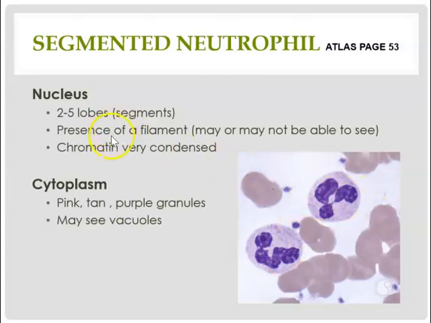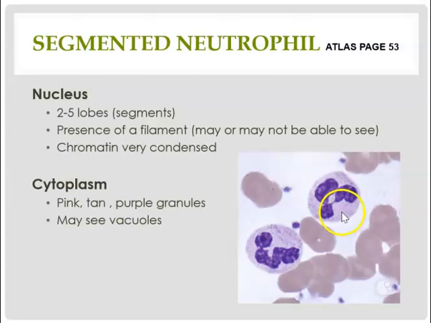But the segments are connected together through filaments, and the filaments may not be present, but this is what's called a little filament. This is connecting the different segments. The chromatin is very condensed in the nucleus. The cytoplasm, again, this is specific for a neutrophil, is going to be pink, tan, and purple granules.